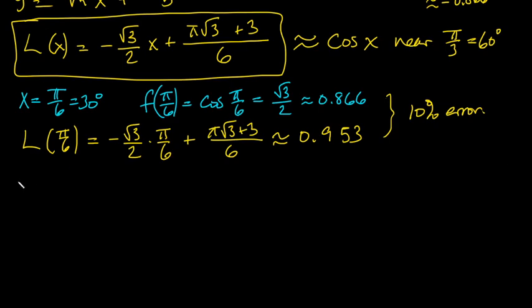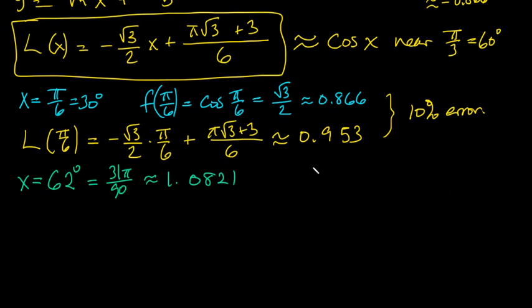Suppose my x now is, let's do 62 degrees. So in radians, that would be 31 pi over 90 exactly, or approximately 1.0821. I'll keep 4 decimal places now.